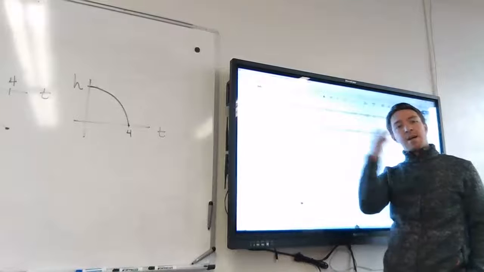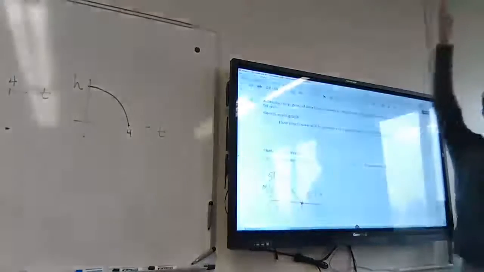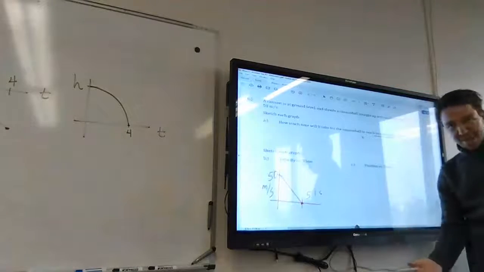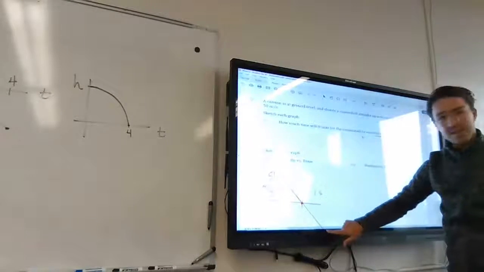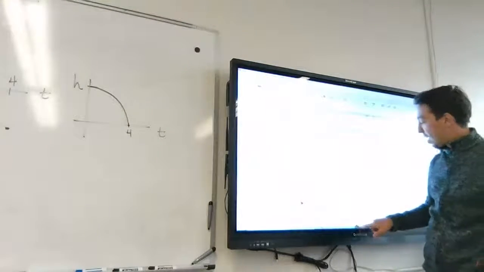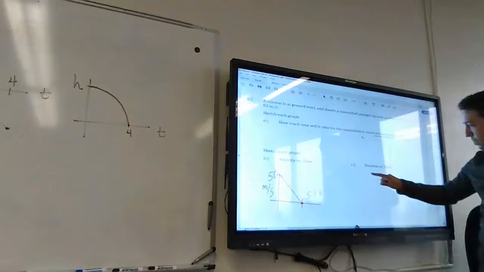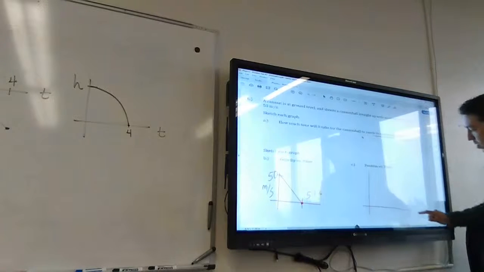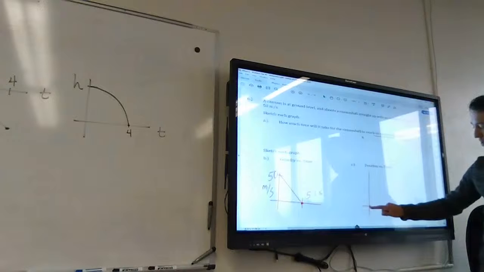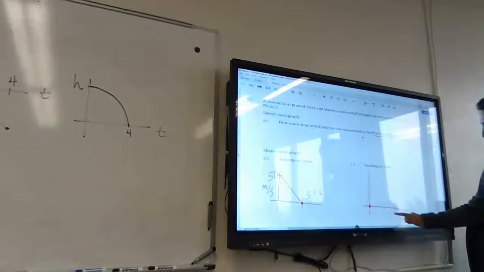If I wanted to show the entire story of it, meaning going from the cannon up into the air and then coming back down to the ground, I'd have to extend this, right? I'd have to have the velocity now going negative as the cannonball comes down. Position, he starts at ground level, right? Here's 5.1 seconds.